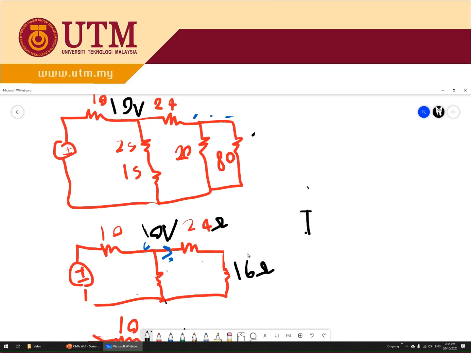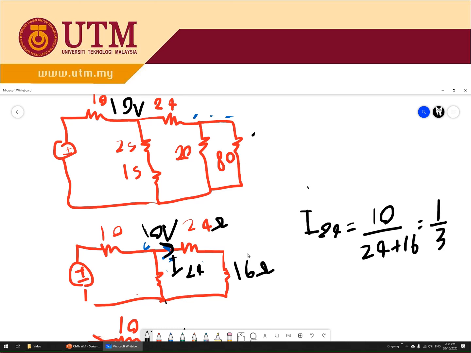Use the same concept. So I24 equals 10 volt divided by 24 plus 16. So 1 over 3, right? Wait, 1 over 4. 10 divided by 40, 1 over 4, equals 0.25 ampere.